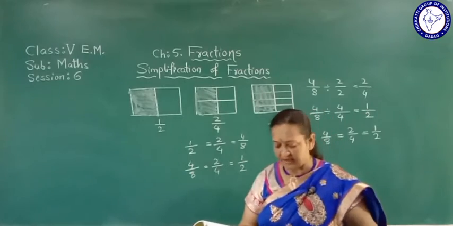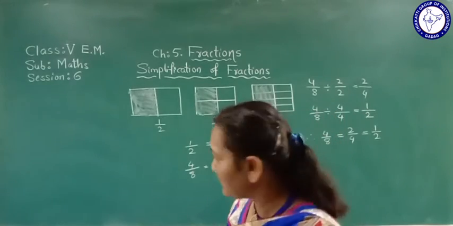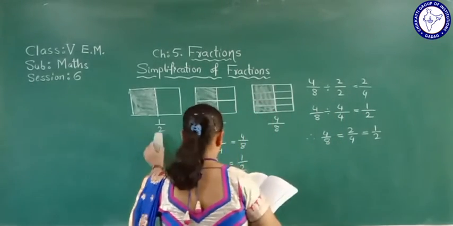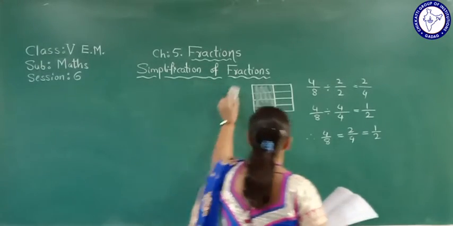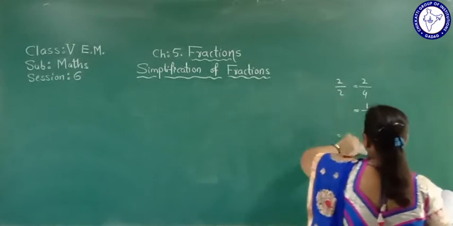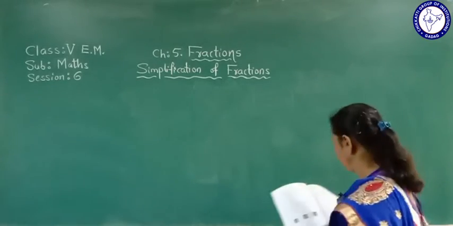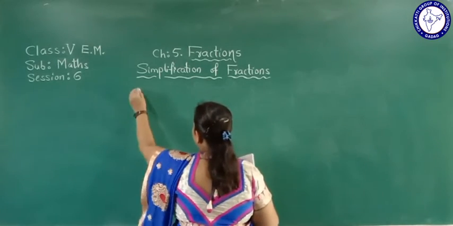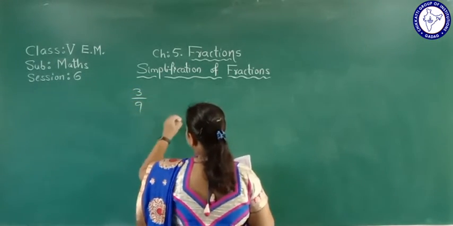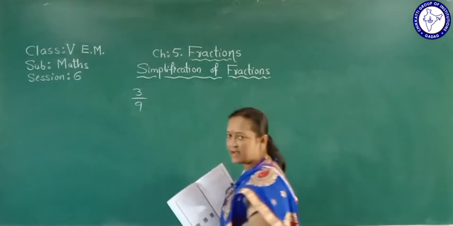Now let us learn to reduce a given fraction. Let me simplify a fraction, it is 3 by 9. Now 3 by 9, bring it to the simplest form. Now check here 3 and 9.